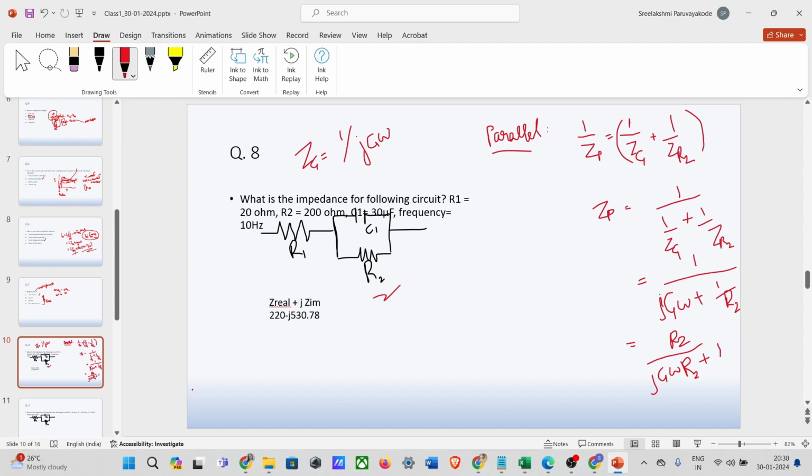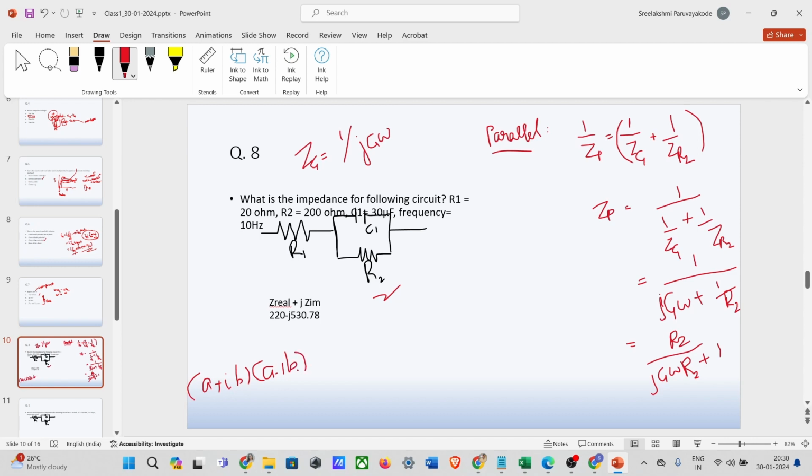Now I'm having J in the denominator. How to get rid of that? It is something of the form A plus IB. We know A plus B into A minus B is A square minus B square, same thing I am doing. I will apply a complementary, that will be A minus IB.